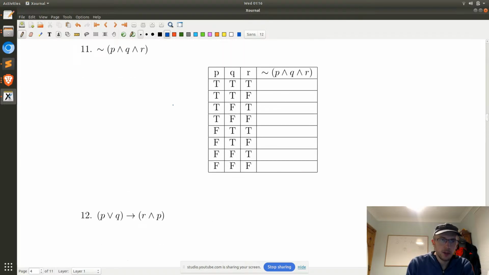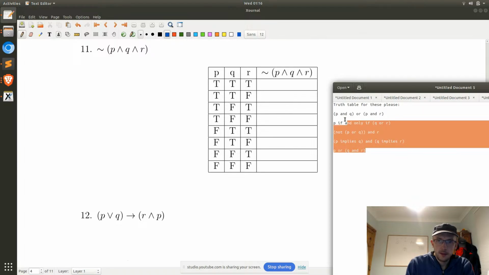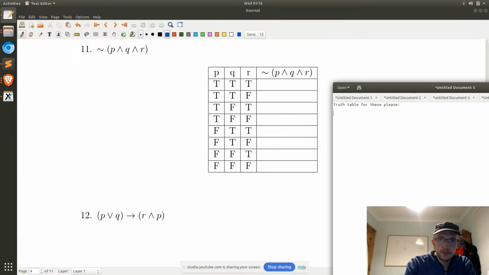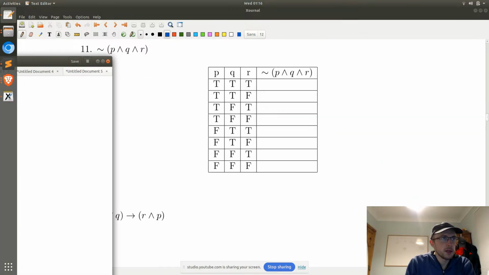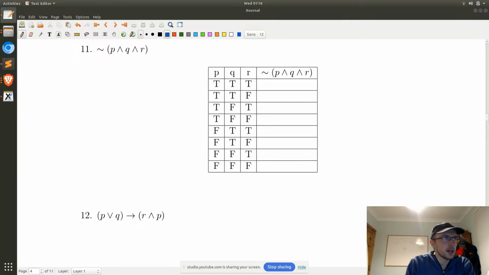Man, I'm kind of getting in the swing of this. Speed things up. I'll type them in over there. Conjunction of all three. And that's only going to be true when all of them are true, which is only on the top row.